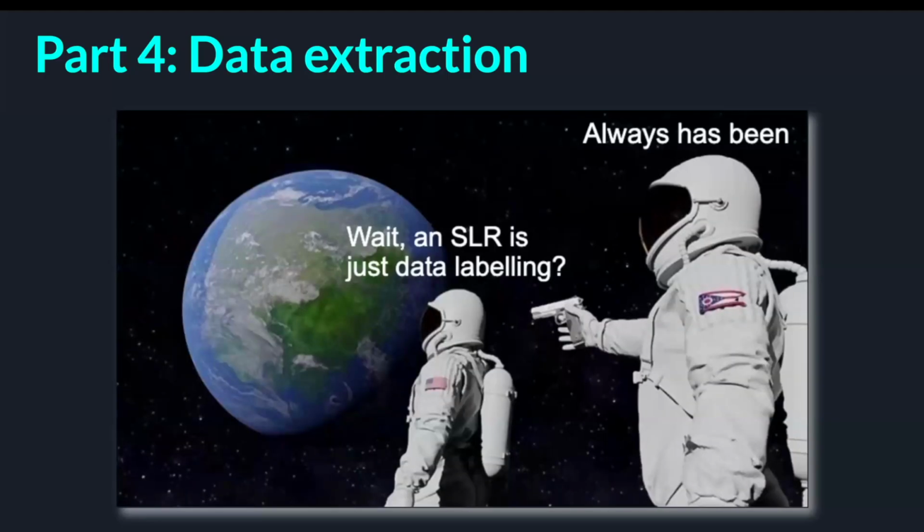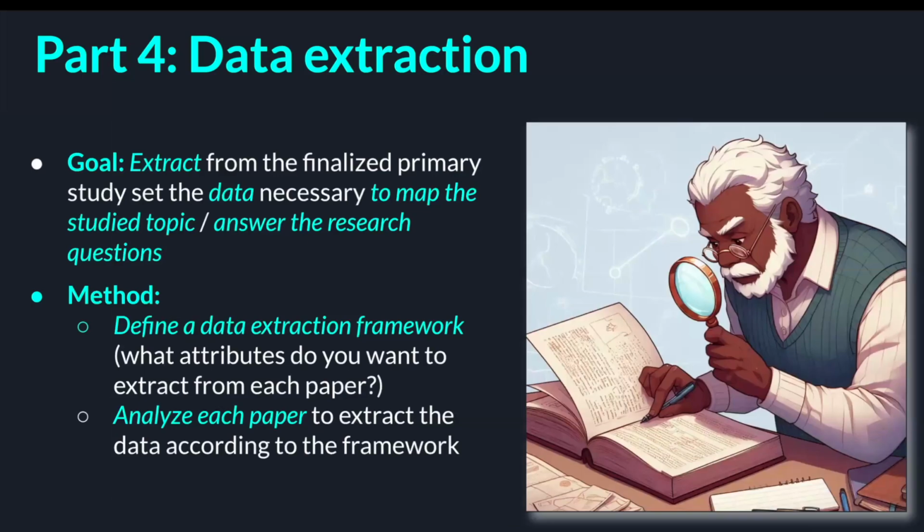And this is just data labeling. I mean, an SLR is not only data labeling, but this phase is data labeling. So the goal here is to extract the data from the primary studies to answer our research question or to have a mapping of a research field. And how you do this is a two-step.